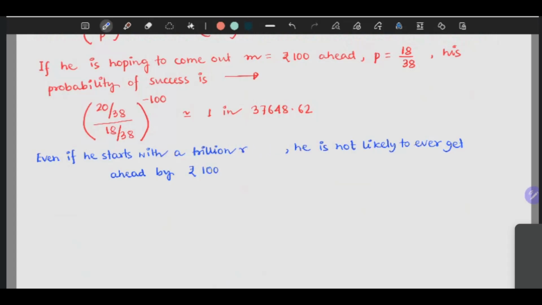Trillion rupees. Okay. So basically your chance of winning is very less.